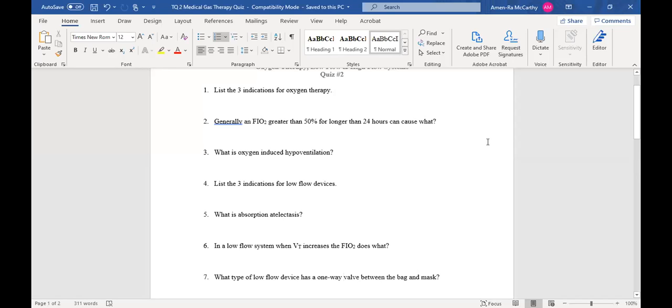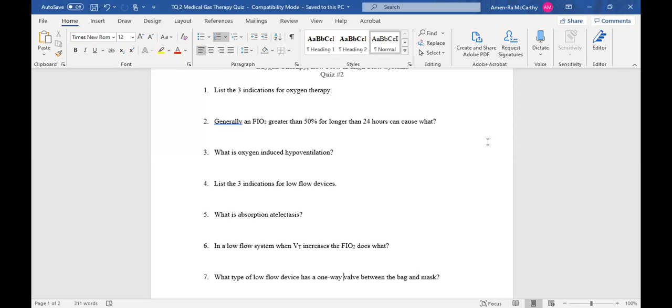All right, number 1, we said treat hypoxemia, decrease the work of the heart, decrease the work of breathing, okay? Number 2, oxygen toxicity. Number 3, Ms. Scott, what is oxygen-induced hypoventilation? I put that's normally for COPD patients.